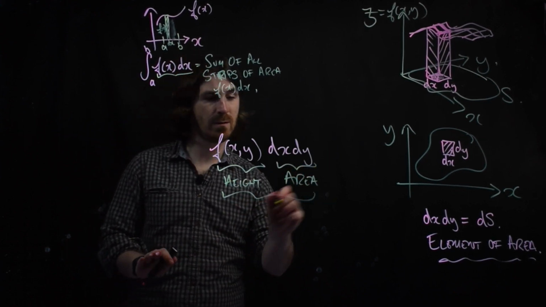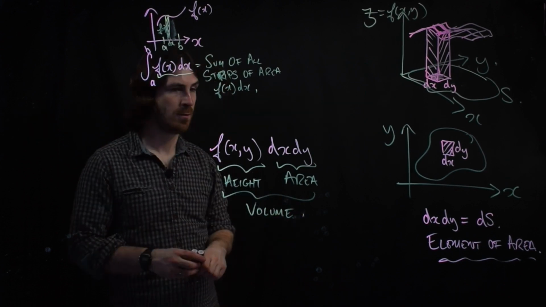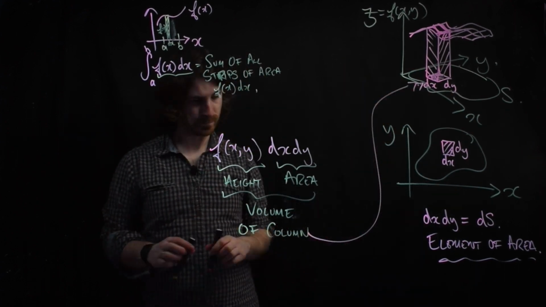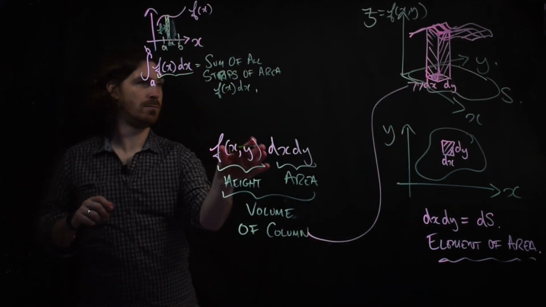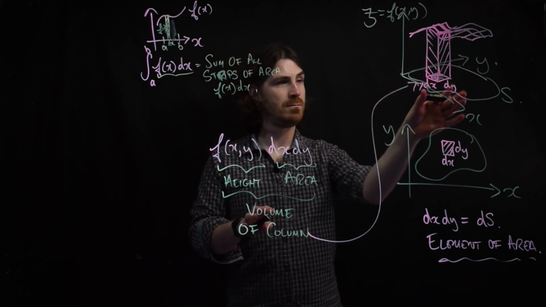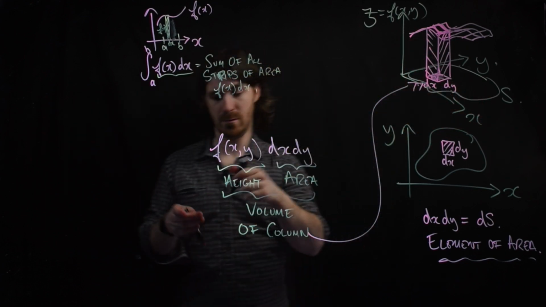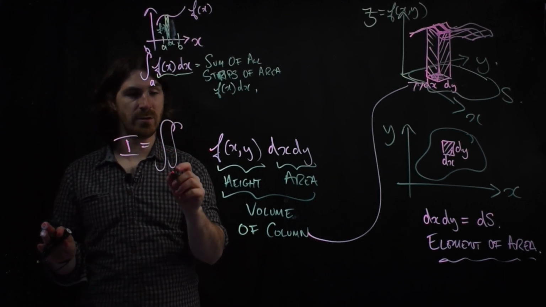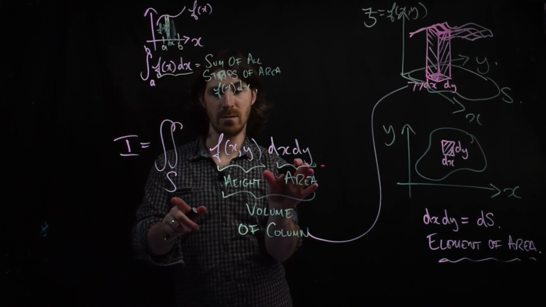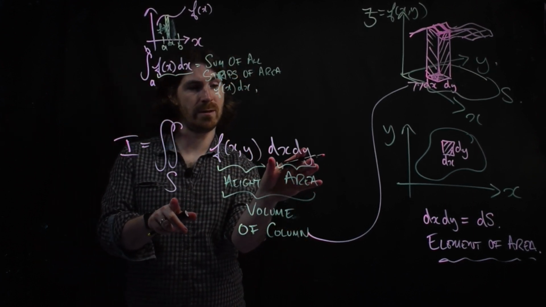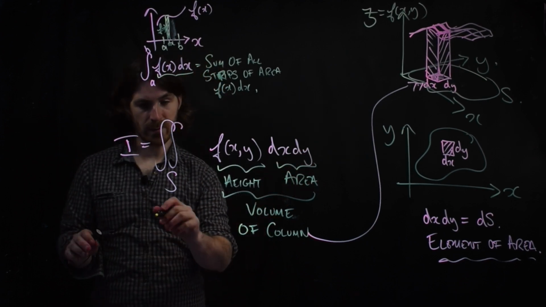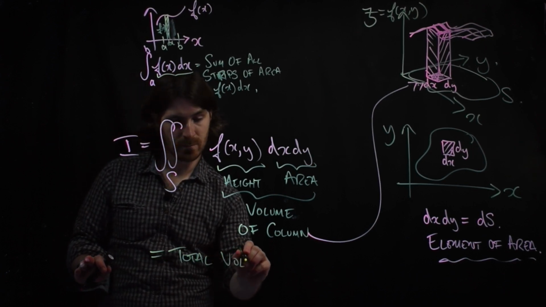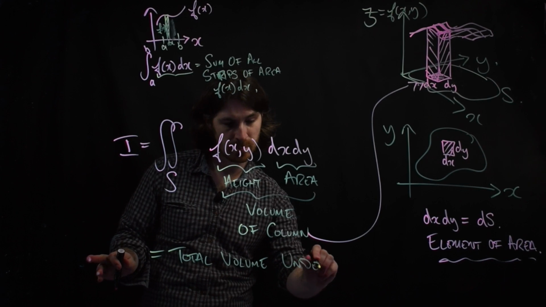This height times an area is a volume. So this thing is the volume of this column. And if we sum over all the columns in this region S, then we get a double integral. We get two integral signs, it's over the region S, we've got the height of our function and the dx dy. This thing is the total volume under the surface.